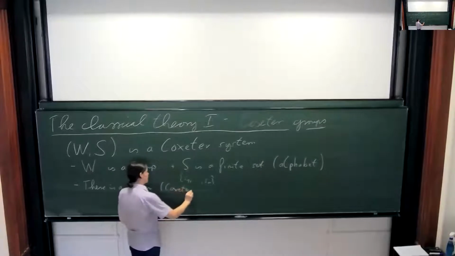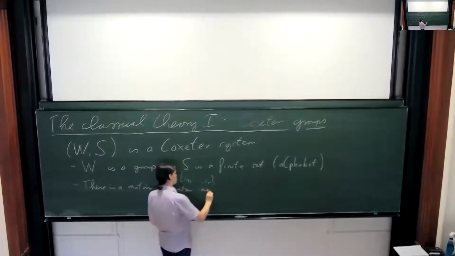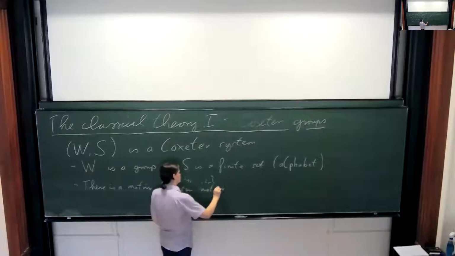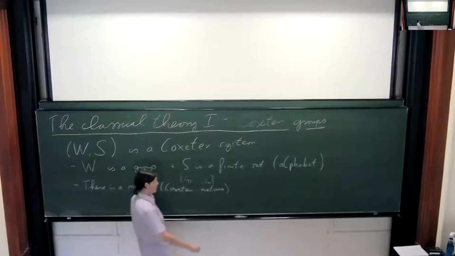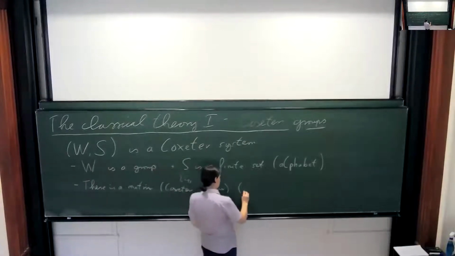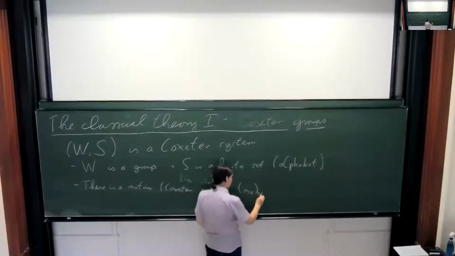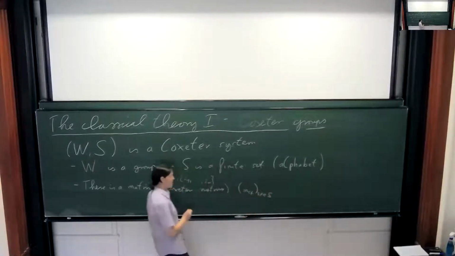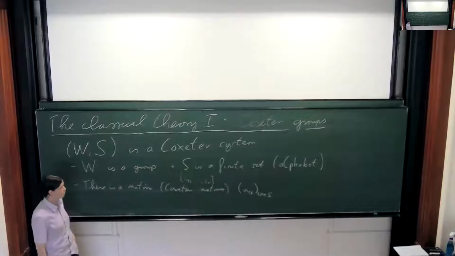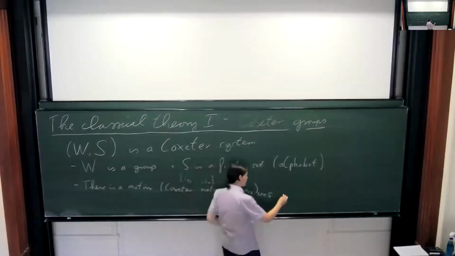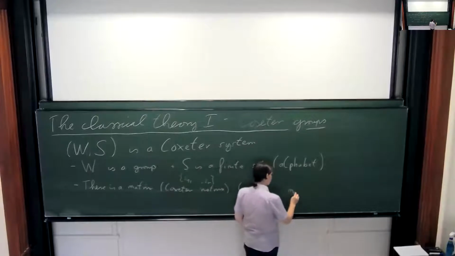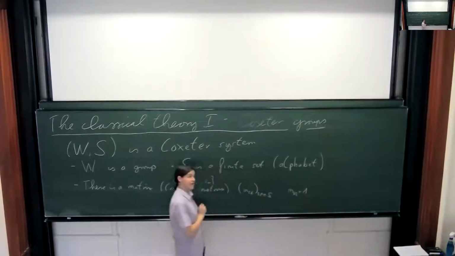We'll see an explicit example in a second. And it has some entries m_st for s, t in my fixed set S. Okay. So I have a matrix, and it satisfies the following properties. On the diagonal, you see the entry 1 only.